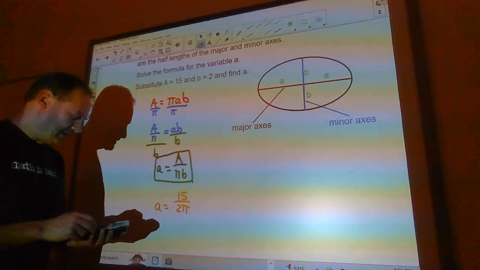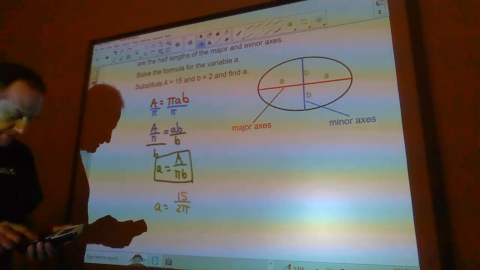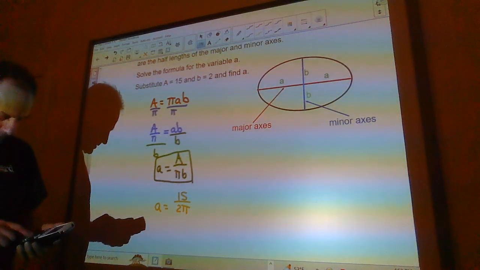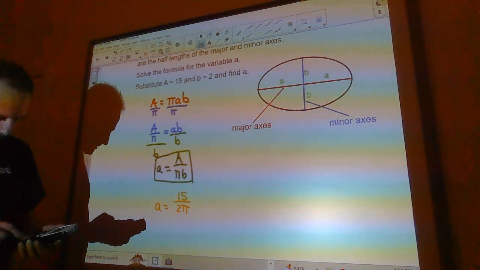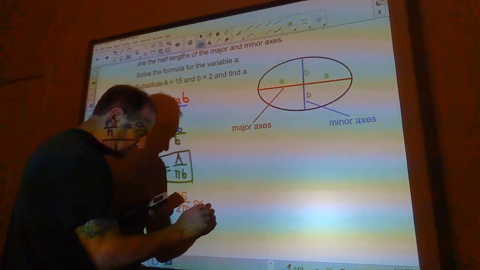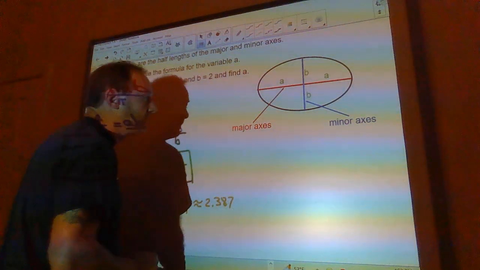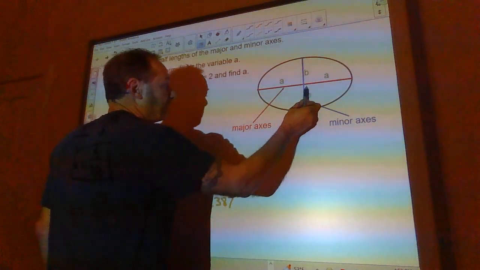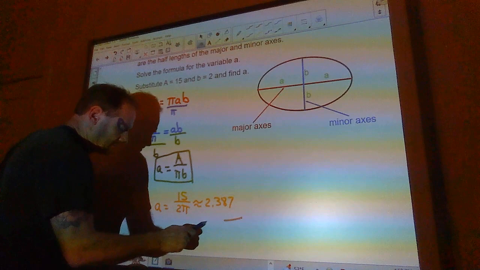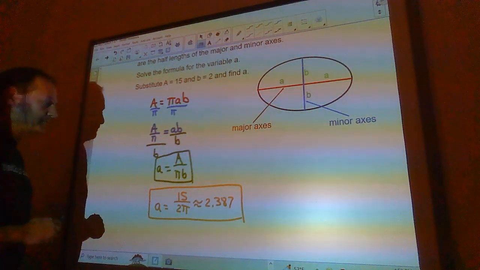Okay, so I get out my handy-dandy TI-84 plus C Silver Edition graphing calculator, or a reasonable facsimile thereof, and do 15 divided by 2 pi. And that comes out to approximately 2.387. Okay, so this distance would be 2.387. This distance would also be 2.387. This is the exact value. This is the approximate value.